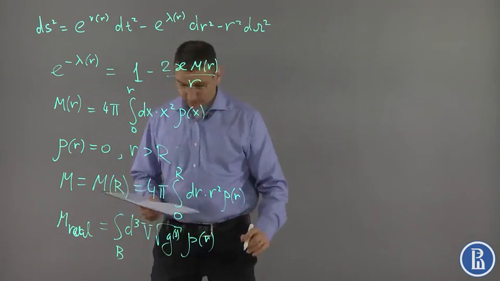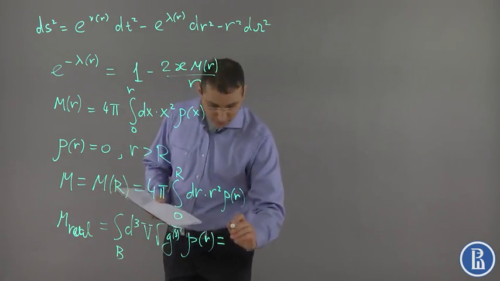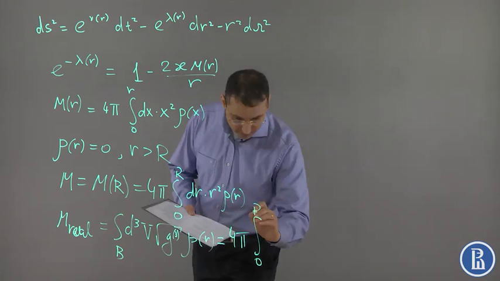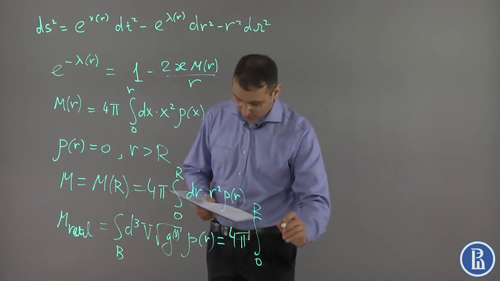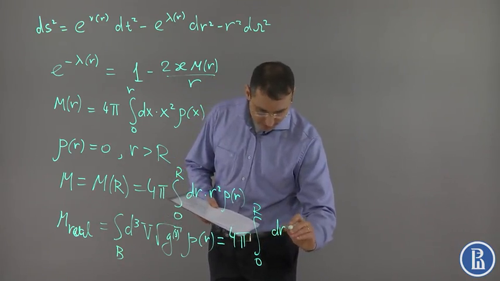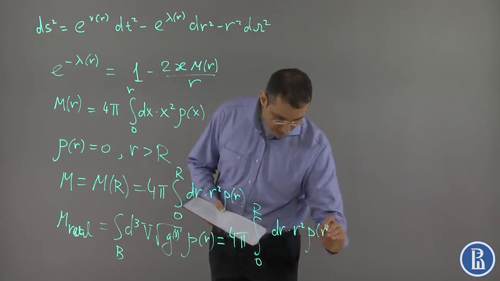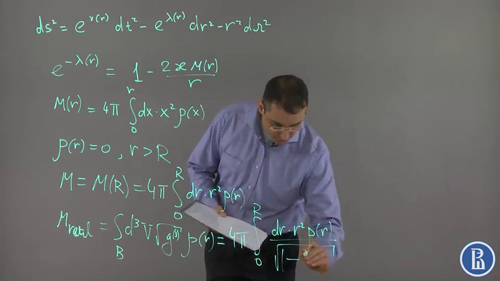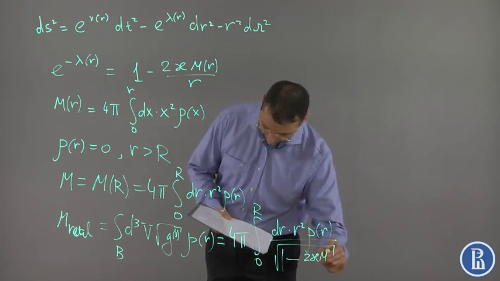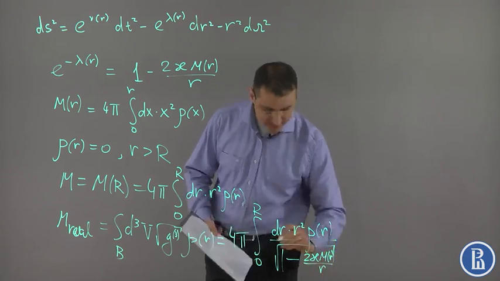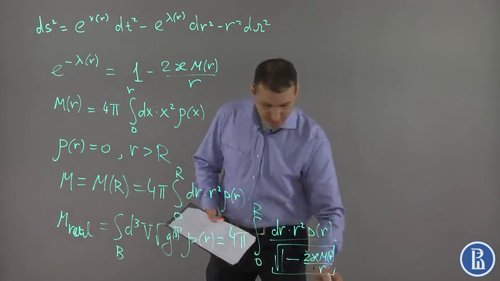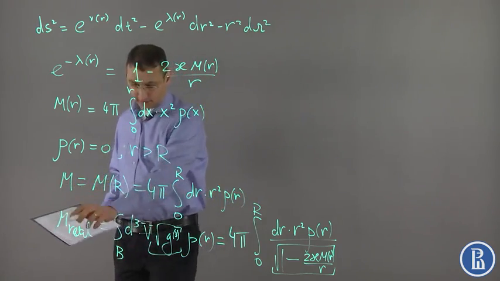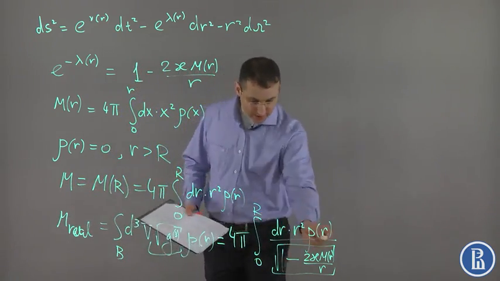So this integral is reduced to 4 pi from the angular integration times the integral of rho from 0 to big R dr times r squared rho of r divided by the square root of 1 minus 2 kappa m of r divided by r. So this contribution comes from here, and notice that the difference between this formula and this formula is due to this fact.